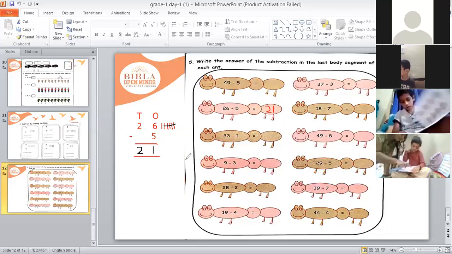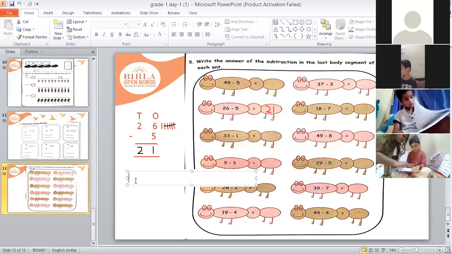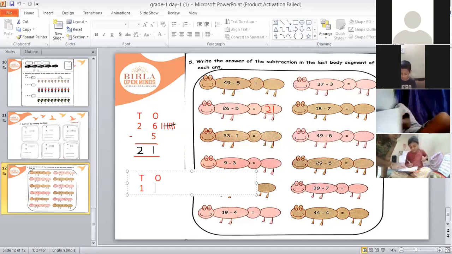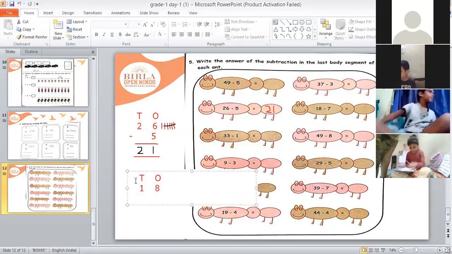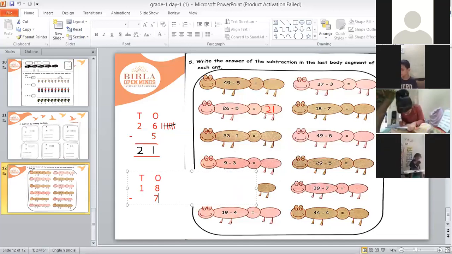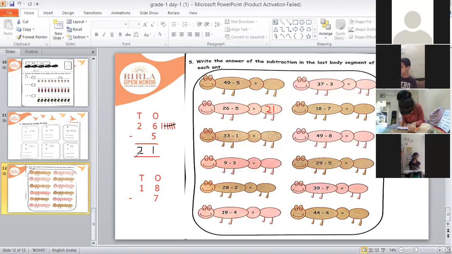Now we'll write our next question. Next is 18 minus 7. 18 minus 7, right? Next question is 18 minus 7.